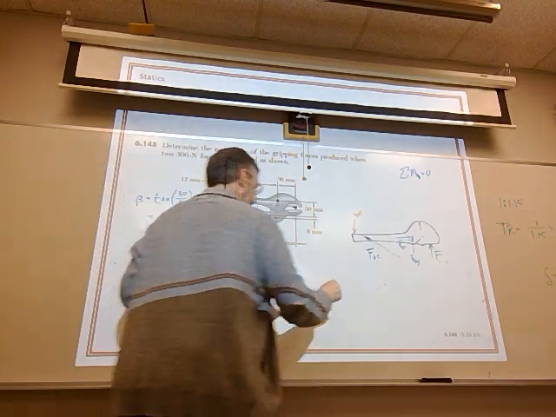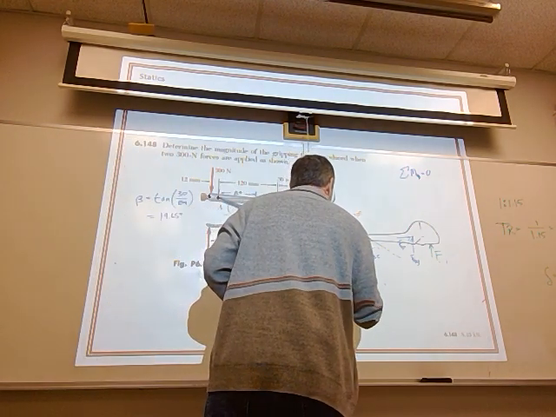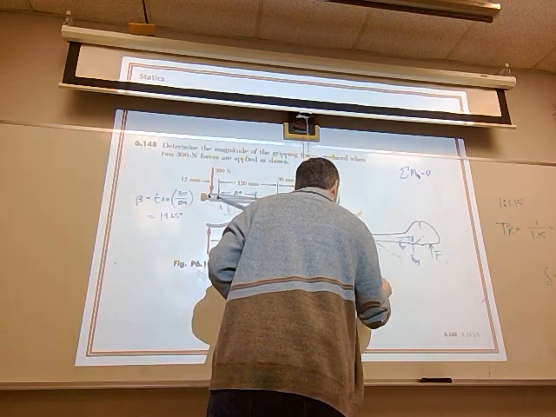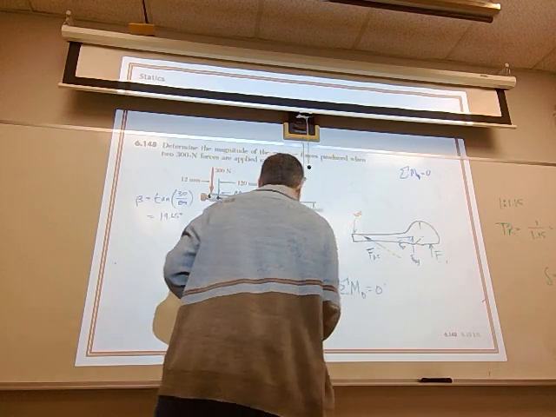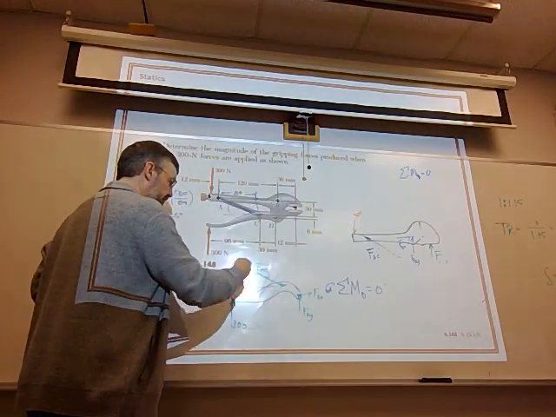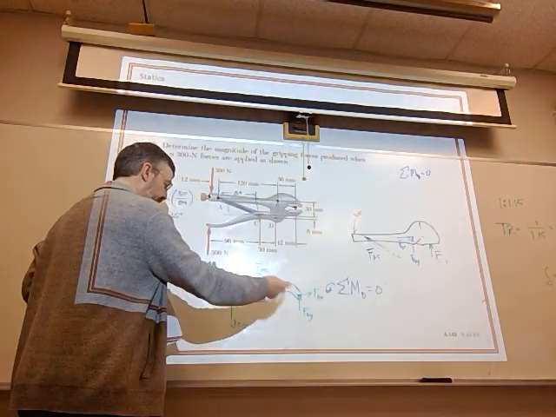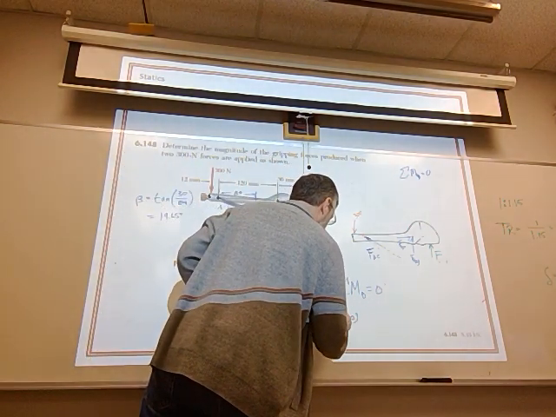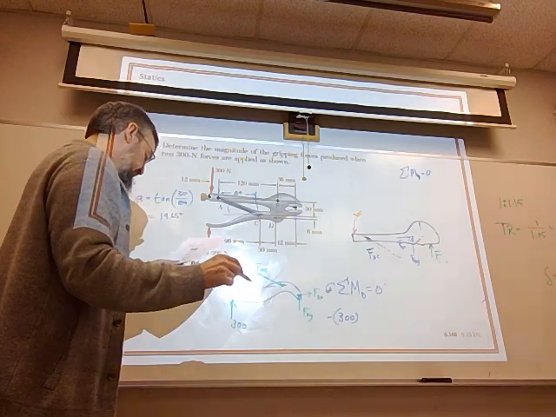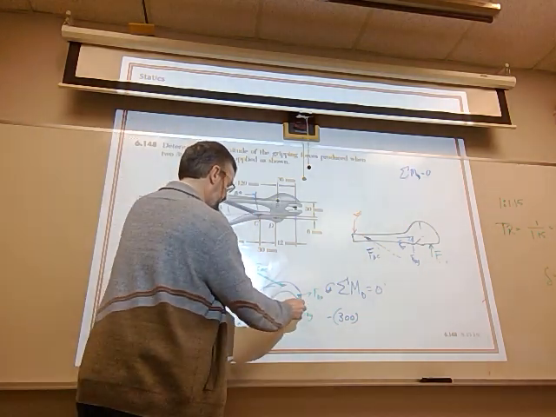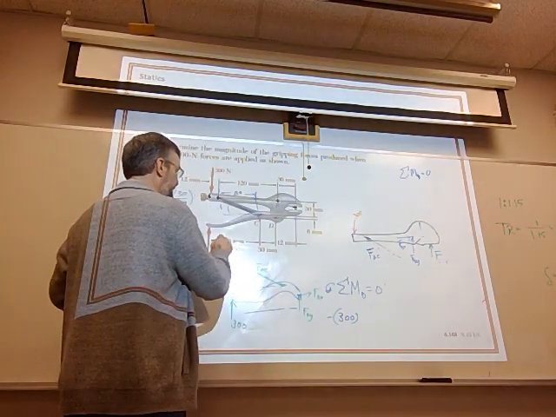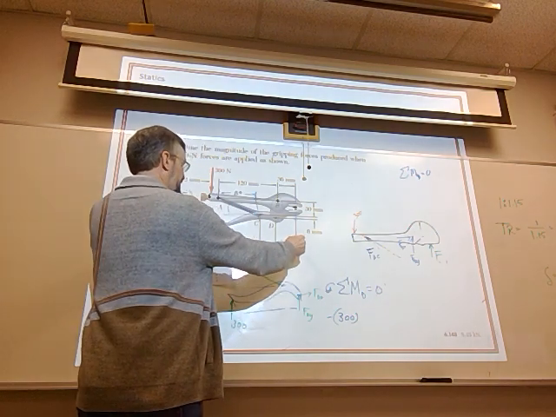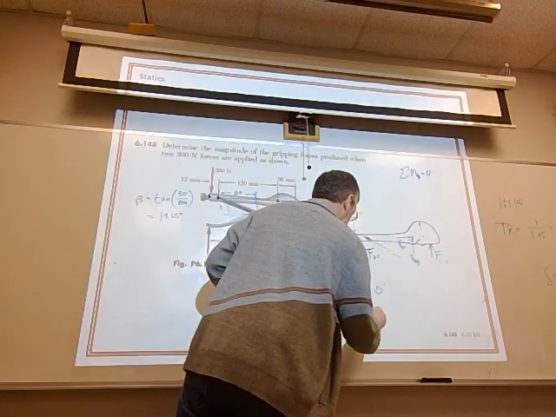So what we do is we take the sum of the moments about D, the one that we don't want to know. And 300 is going clockwise, so it's going to be negative 300, and that distance to here ends up being 126.